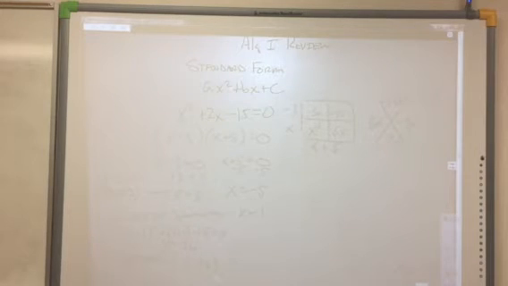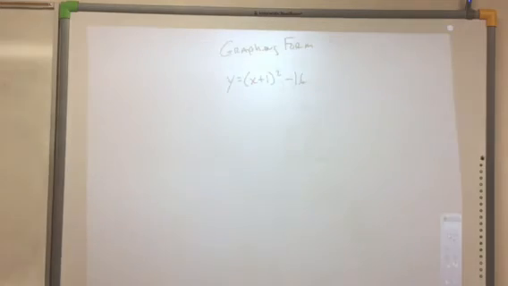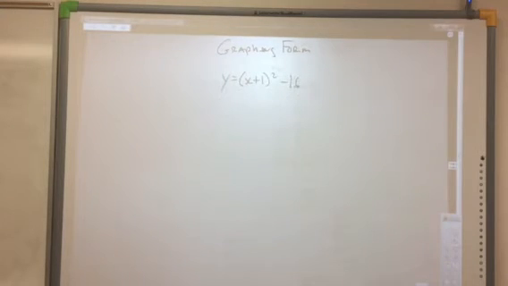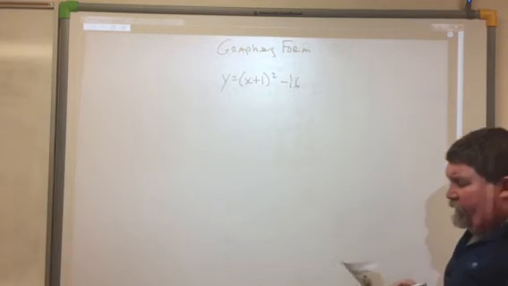I'm going to go through the problem, but an example problem is y equals x plus 1 squared minus 16. Okay, so graphing form. And we're going to take graphing form and do the same thing, except some stuff is already there.